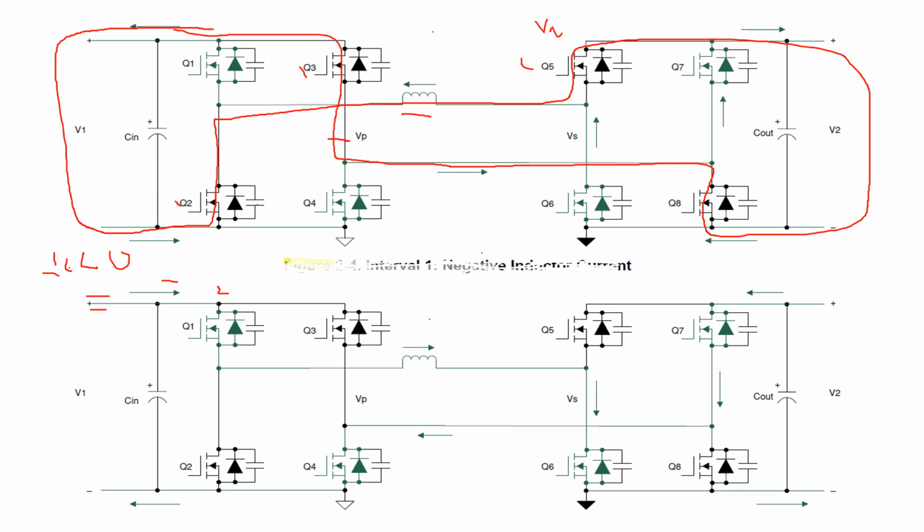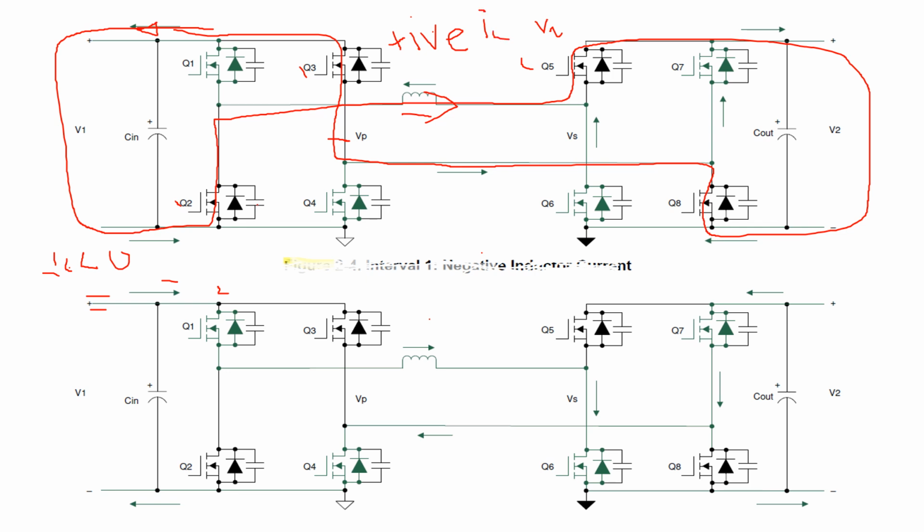So the direction of the inductor current in this case is like this. Therefore, when the current goes this way, we know that this is a positive inductor current. So what about the negative inductor current?